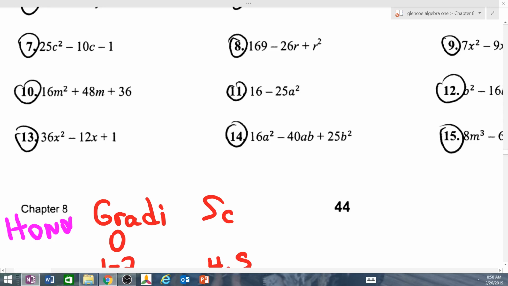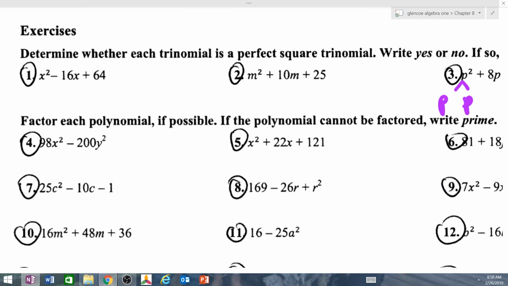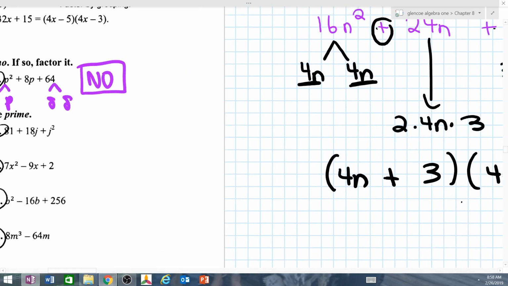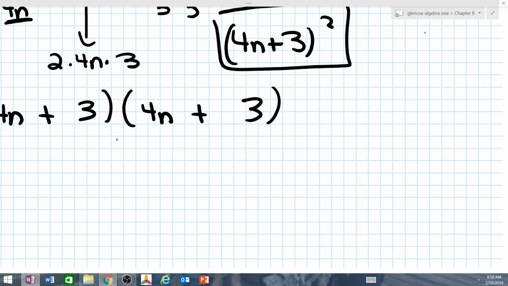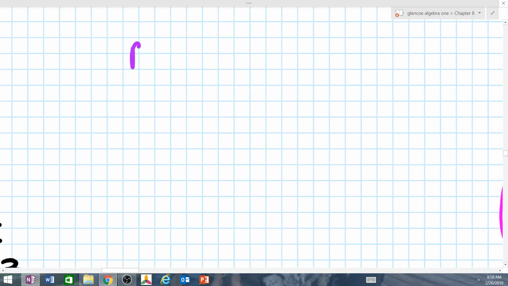Just going to check one more thing here. Yes, question. Yeah, did you write down what I told you to write down? Okay, so p squared. So let's look at it over here. P squared plus 8p plus 64. Is the first term a perfect square?